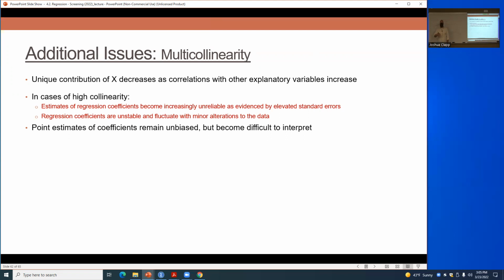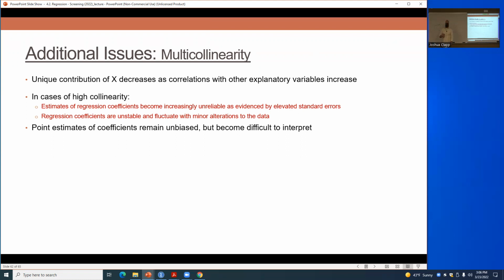What happens is standard errors start jumping around, right? And if we get unstable standard errors, and those standard errors start to jump around, even with small changes to the data, right? I sort of maybe throw one case out, and this thing goes from being a strong predictor of an outcome to not at all a predictor because my standard error started jumping all over the place.